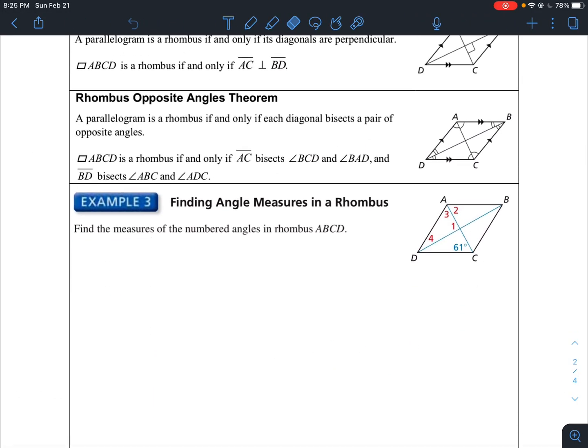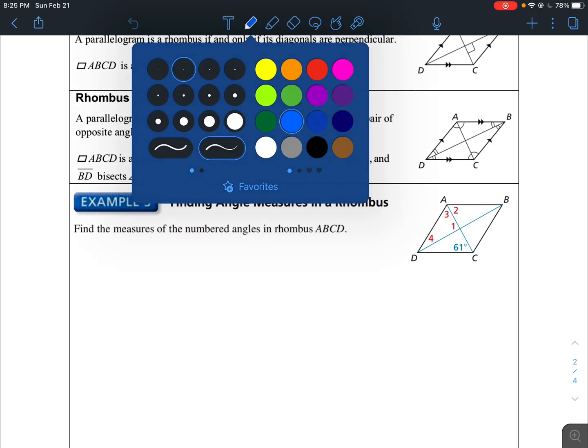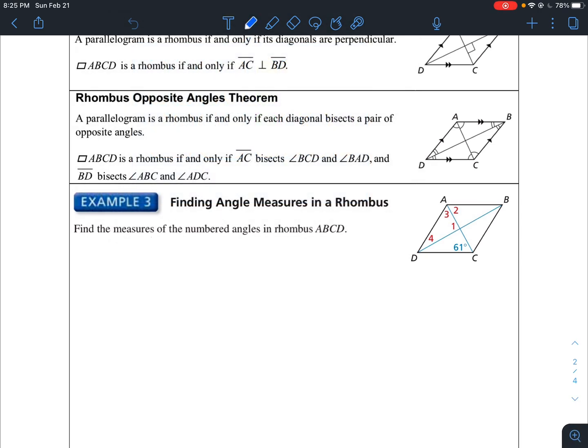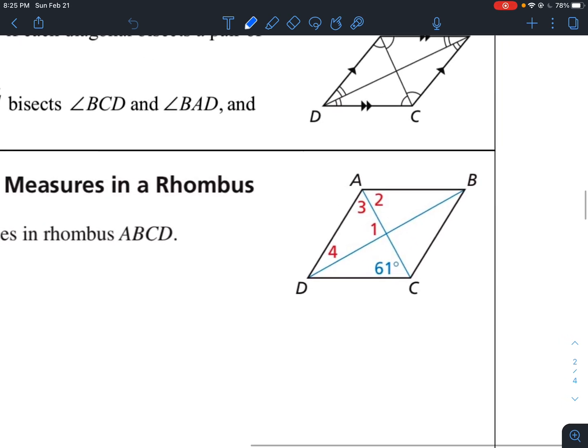Okay, so now that we know these two theorems, find the measures of the numbered angles in the rhombus. So first of all, we know that this angle right here is 61 degrees.